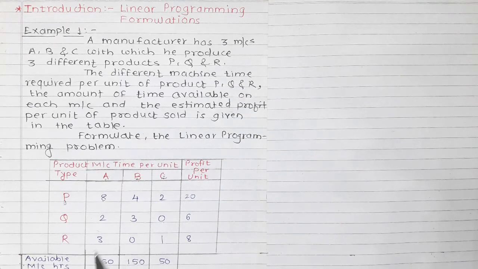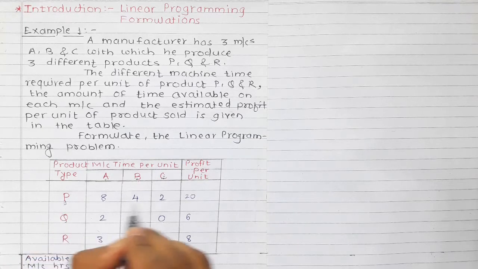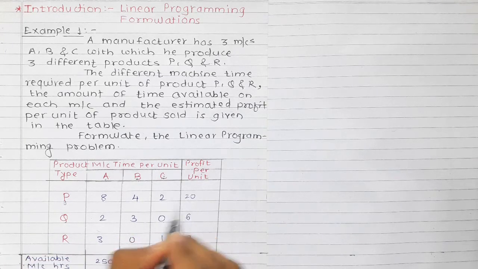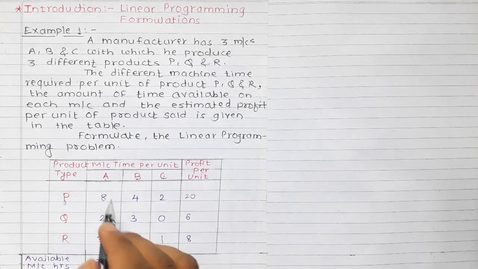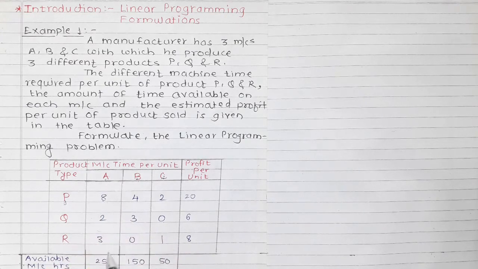Now in this case, the manufacturer knows how much profit he can get if he sells 1 unit of P, how much profit he can get if he sells 1 unit of Q, and how much profit he can get if he sells 1 unit of R. Also, he knows how many hours machine A is available, how many hours machine B is available, and how many hours machine C is available.